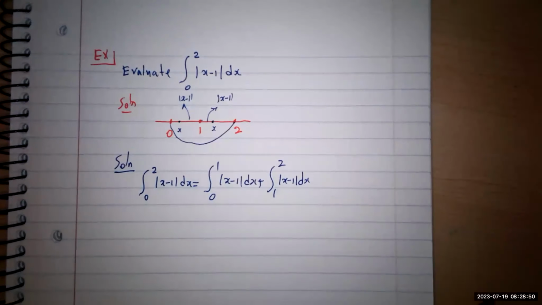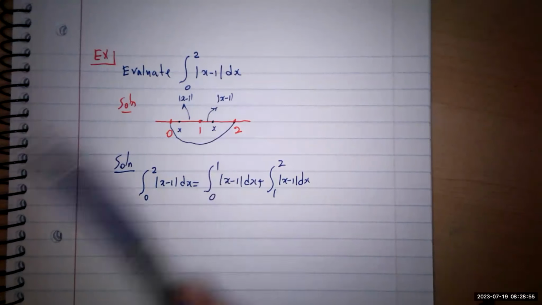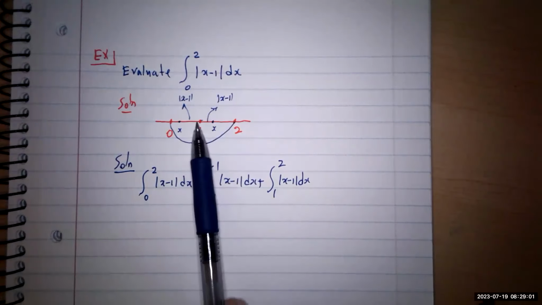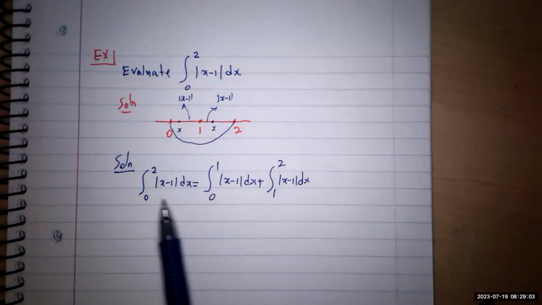Any question? So this center number, if you let x minus 1 equal 0, x would be 1. So the center is 1.